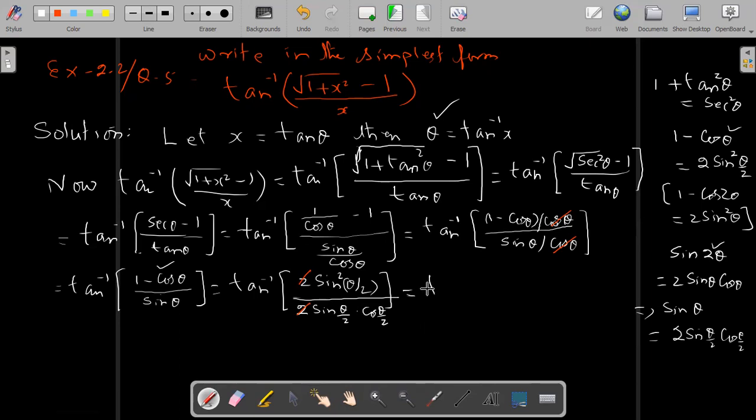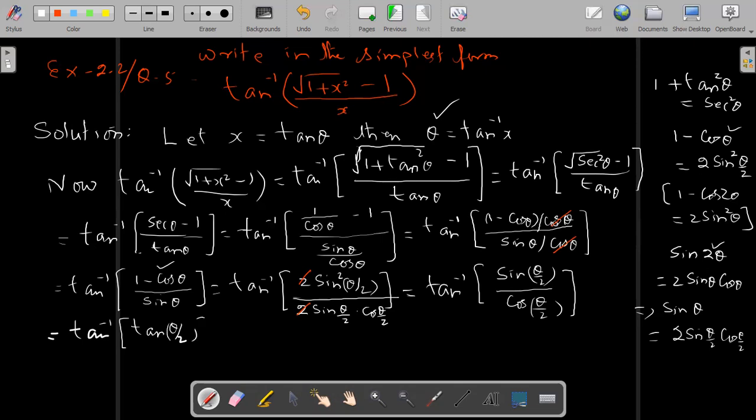So we get tan inverse, the numerator is sine theta by 2 only, and the denominator is cos theta by 2. Okay, got it? So sine upon cos is what? Tan. So we get tan inverse, and inside we got tan theta by 2. So always you have to bring tan theta by 2.